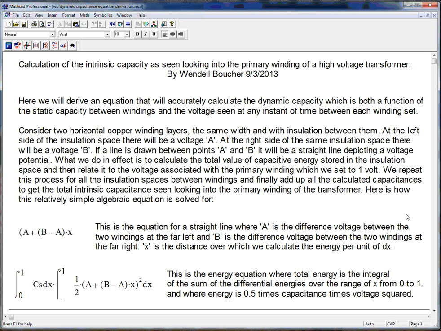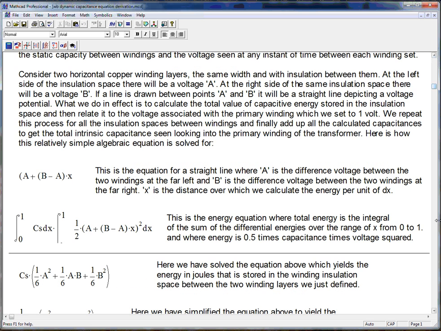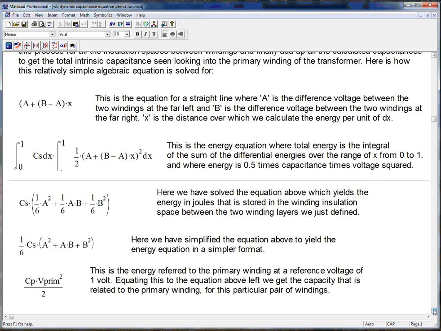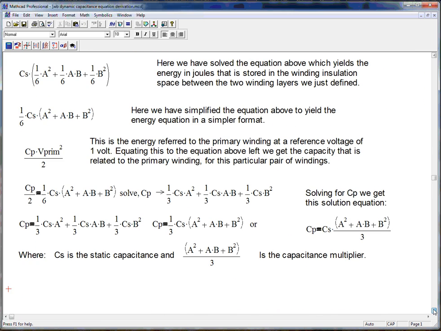I'm not going to explain this because this is another subject, of course, but this is how we arrived at the equation we're using. There's the first half. We bring it down a little bit more. It's the second half.